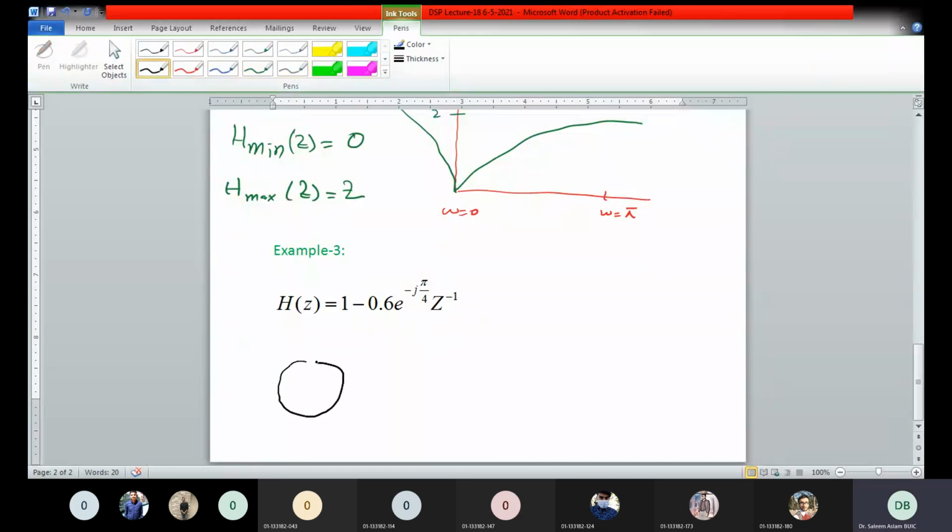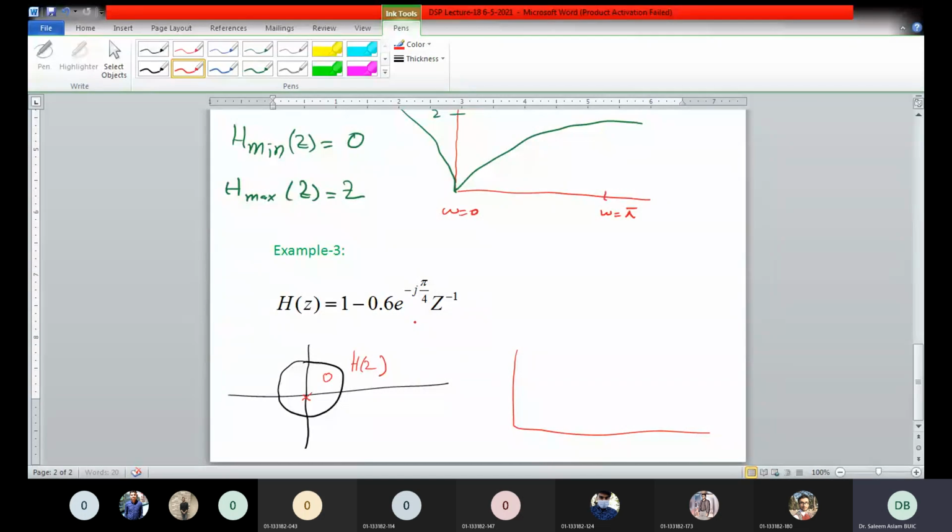So you have one zero at 0.6 with angle 45 degrees, and you have one pole at the origin. This is your pole zero diagram for this system. And if you plot the magnitude spectra, it will look like this.